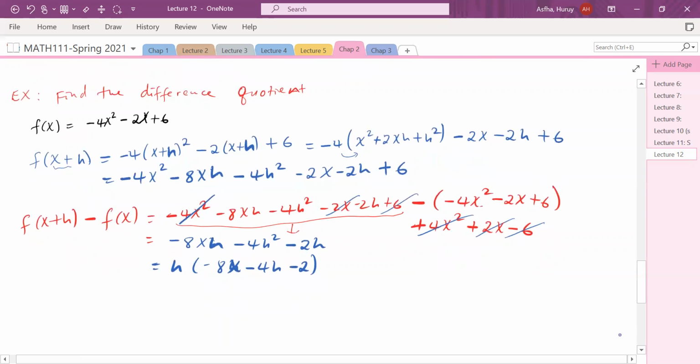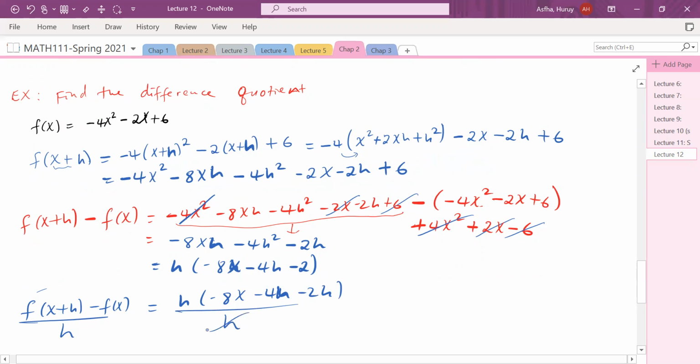All right, and the next step becomes finding the difference quotient, divided by h. Now we found the numerator, it's just this one. Over h, so the h cancels out, therefore it is this.